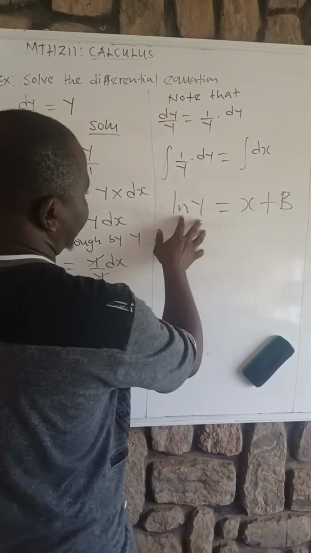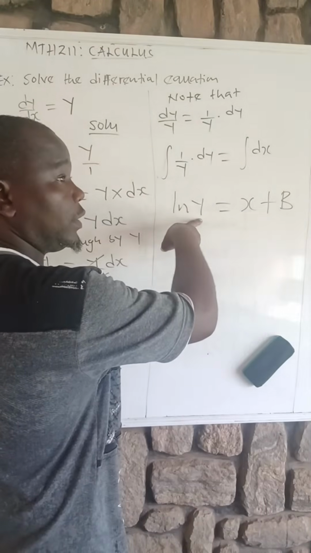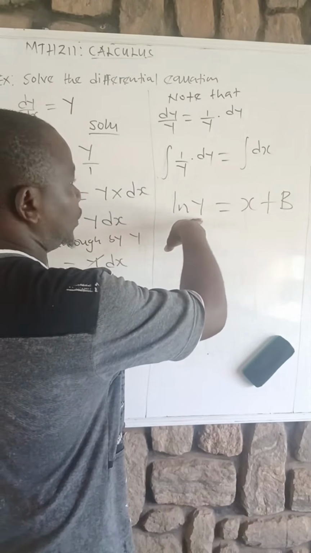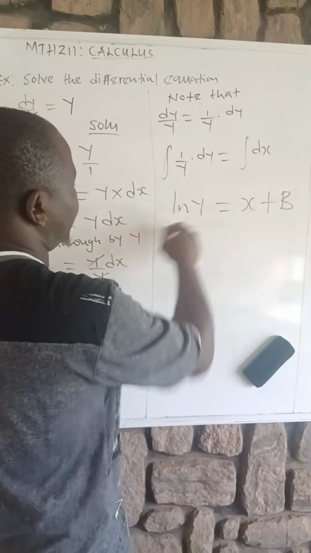So as it is, we are supposed to find y, not ln y.